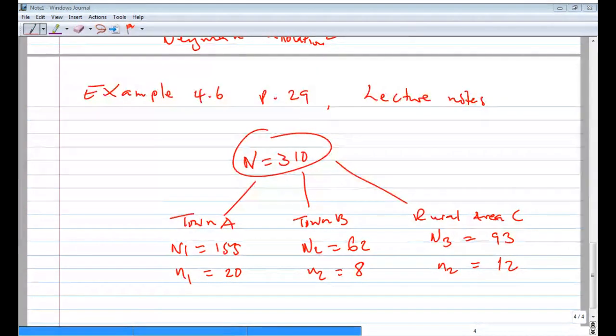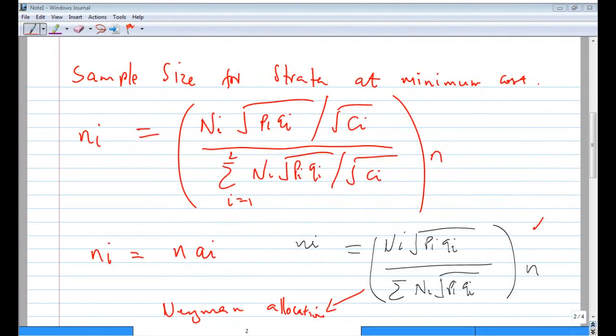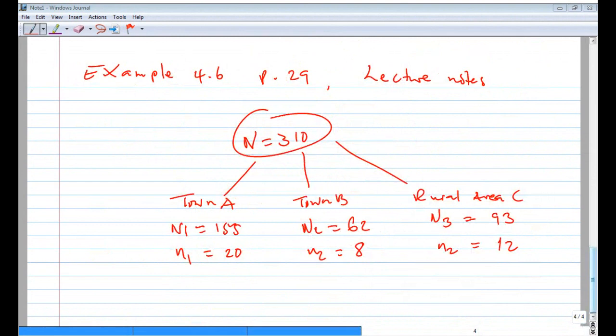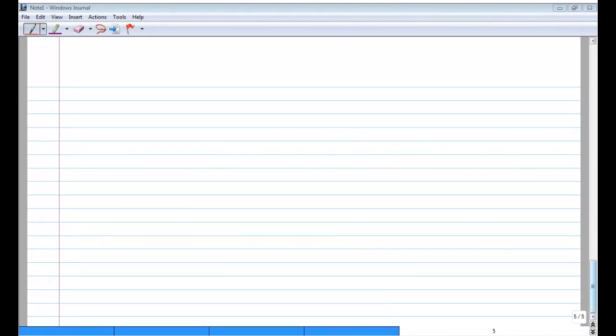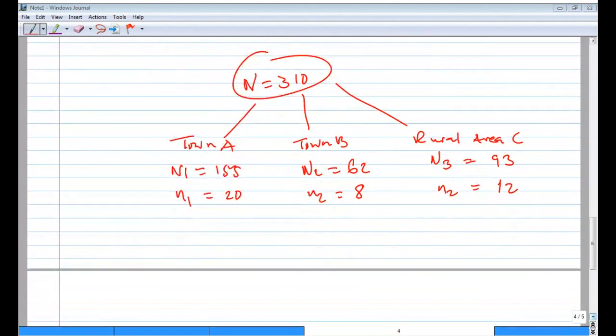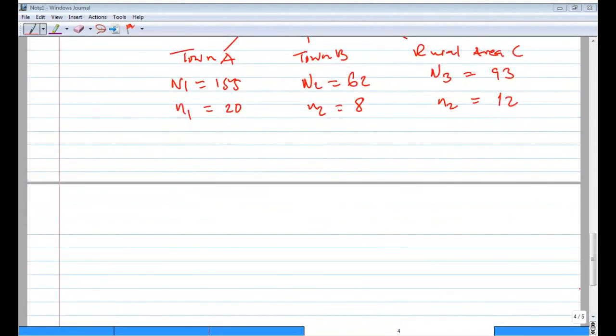Now, from table 4.2, let me just write it down here below this one. Okay, table 4.2.